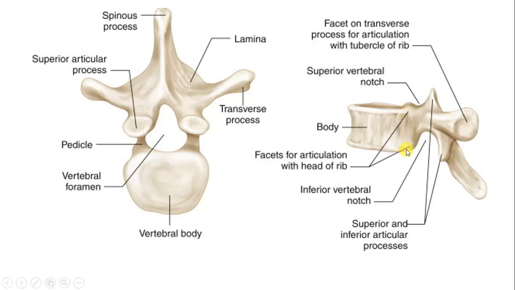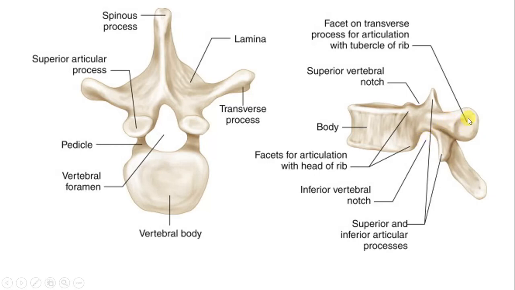There is the inferior facet, also for the rib articulation. We will see how they articulate with it. And here is a notch for the passage of the spinal nerve between the two vertebrae.